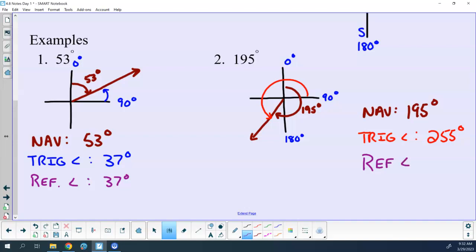Reference angle. What would my reference angle be? 75. Yep. That would be right here. Questions on that?